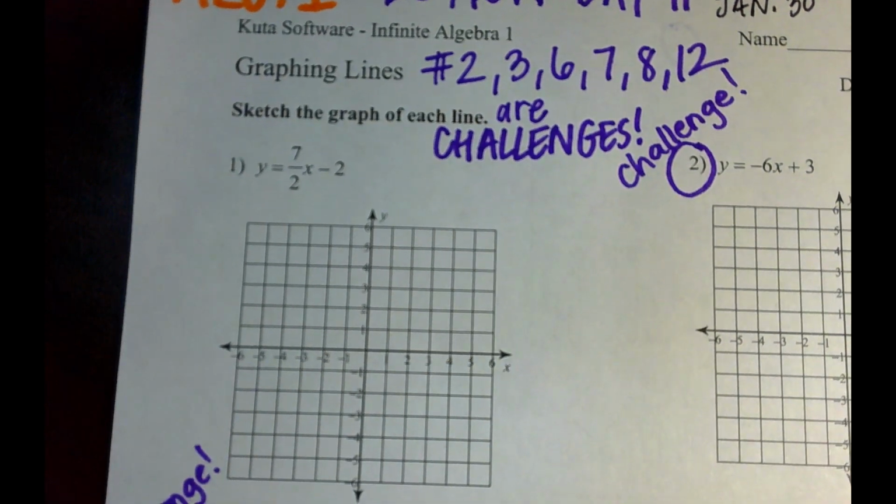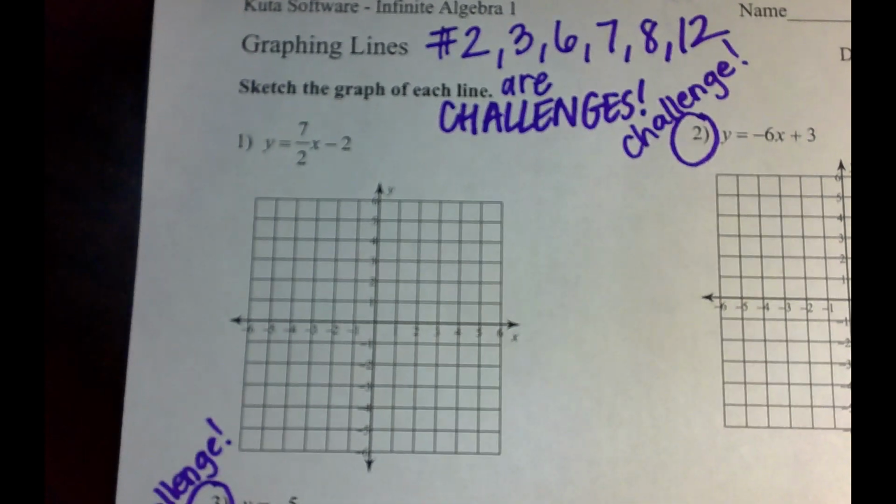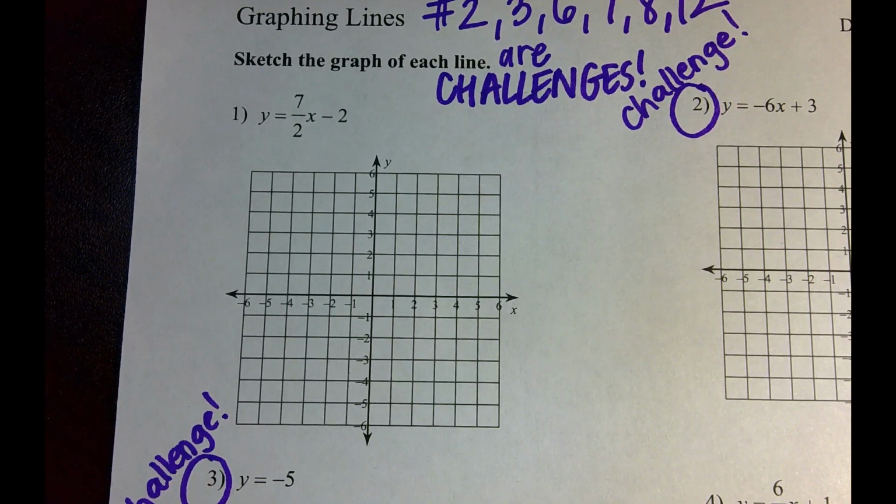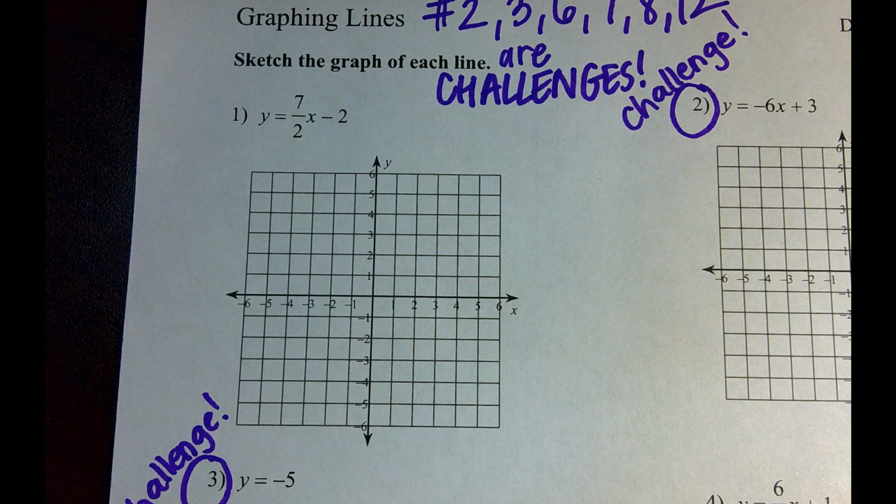And let me get this to focus. Okay. So number 1, I have got an equation that is y equals 7 over 2x minus 2. So what is the very first thing I'm looking at when I want to graph an equation? Yes.